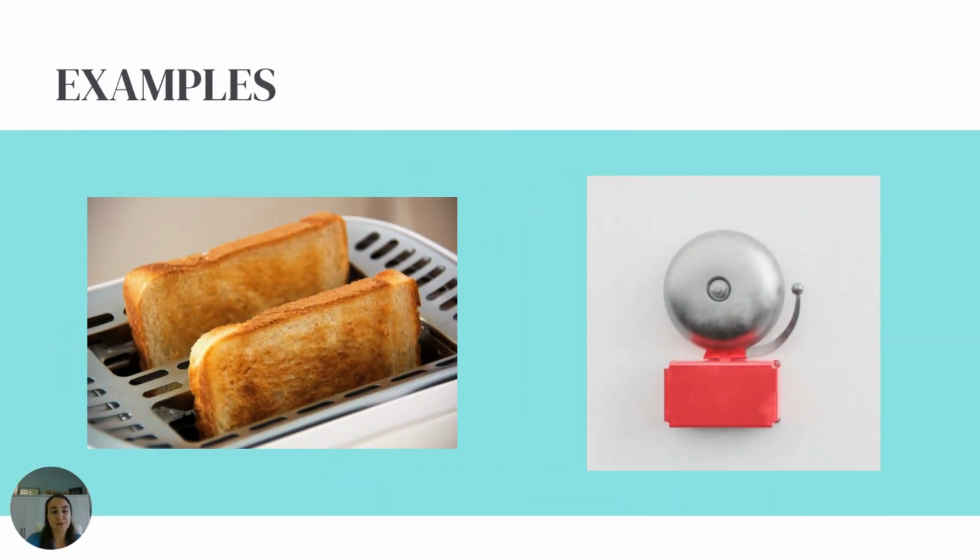So for example, when you make toast and suddenly you sense that your toast is burning, you get the smell of burning toast. So your olfactory system is activated. It sends information to our brain saying, I smell burning toast. Our brain integrates it and also connects it to previous experiences.